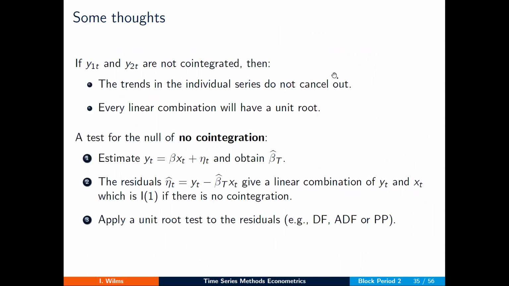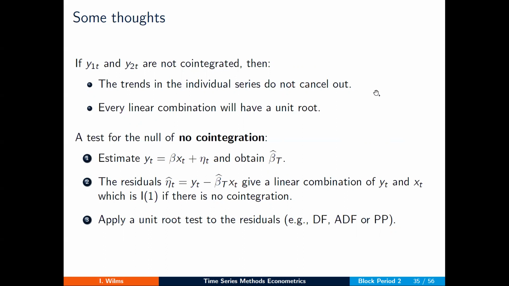So intuitively, we feel that if y1 and y2 are cointegrated, then the trends in the individual series will cancel out. In other words, if y1 and y2 are not cointegrated, then any linear combination of these series still has a unit root.